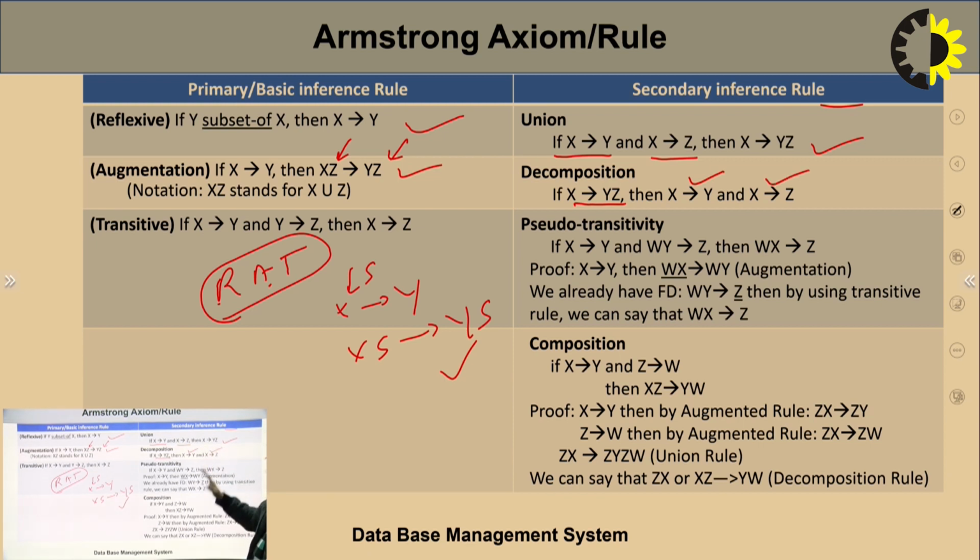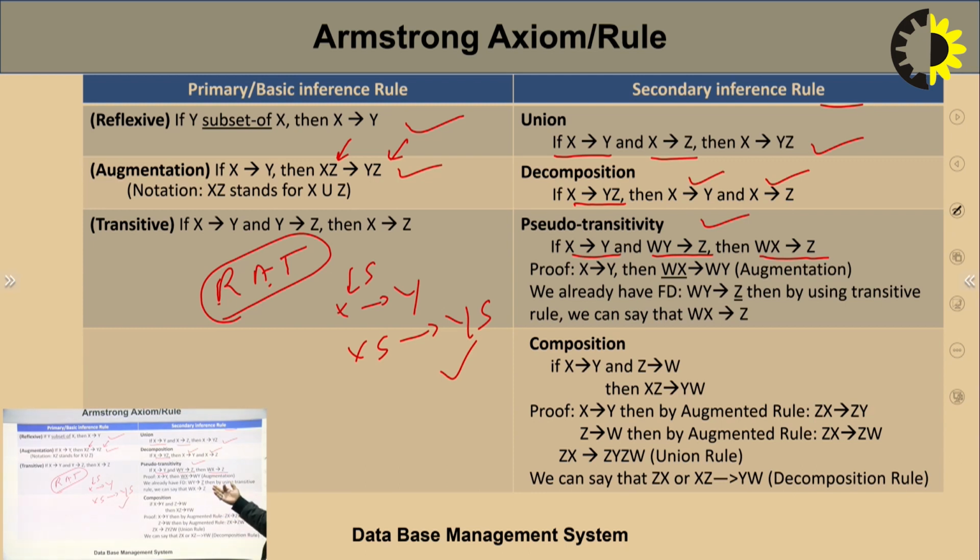These rules can be used in normalization. Then pseudo transitive: if x tends to y and yw tends to z, then wx tends to z.